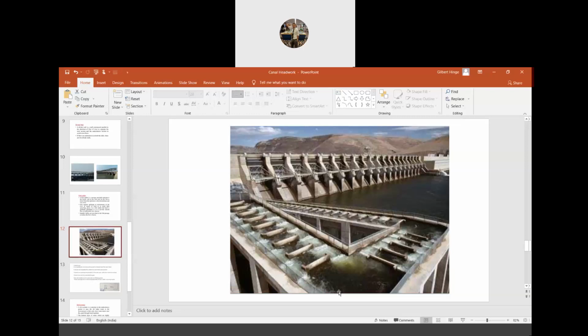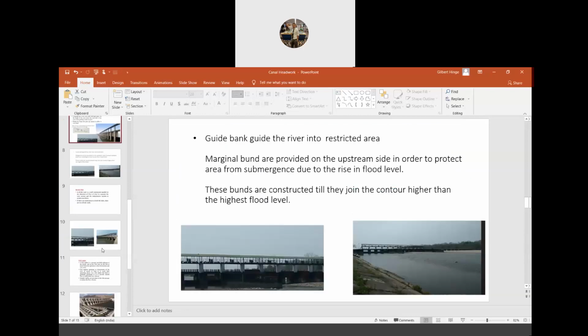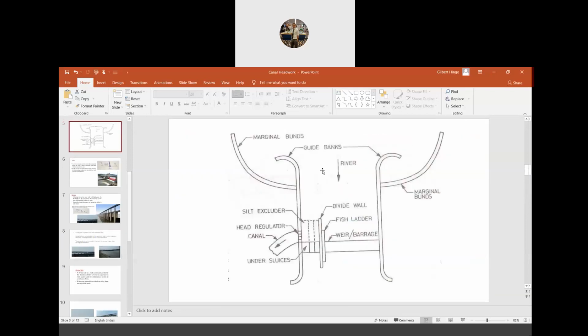We should also think of the migration of the fish. That's why we provide this kind of ladder called the fish ladder. So far we have discussed the marginal bunds, the guide banks, the divide wall, the fish ladder, and the weir and barrage.